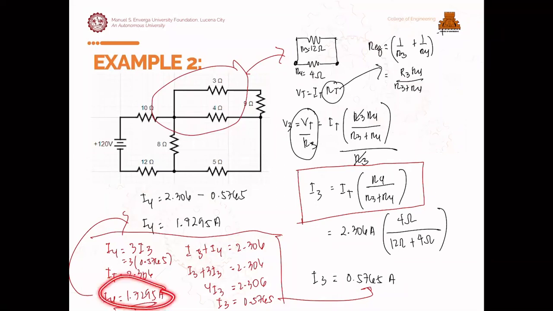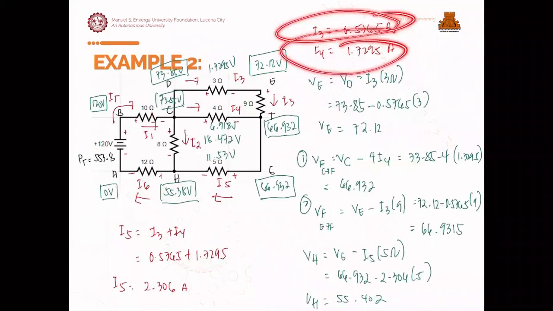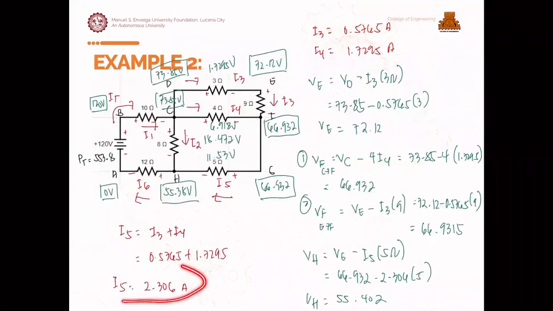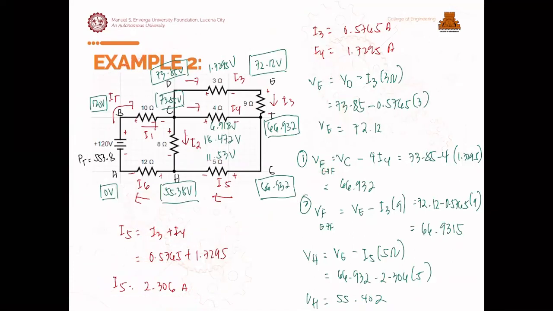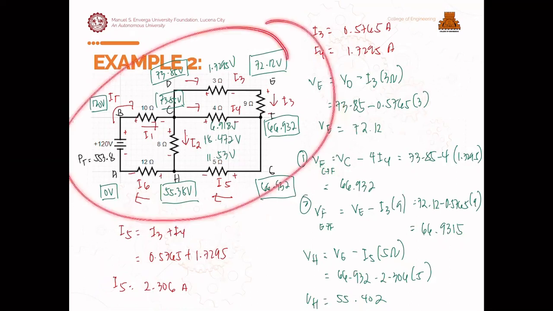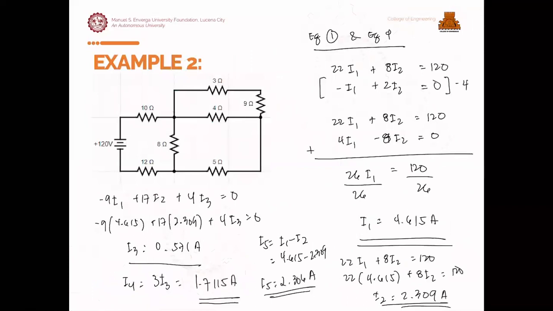So kung same na yung value lahat ng current natin, yan yung I5 niya 2.306, yung calculated natin dun sa kabila is 2.306 din. So kung same na yung value ng current, maka-calculate na rin natin yung lahat ng unknown dun sa current, dun sa circuit natin. Okay? So without even knowing yung value ng resistor natin, na-solve na natin yung current natin. Okay?